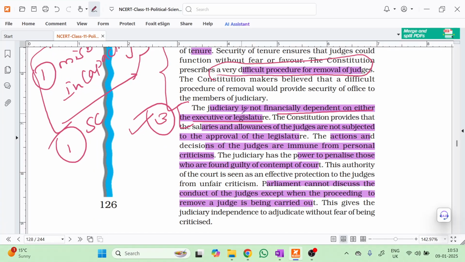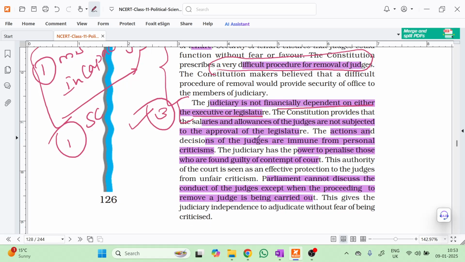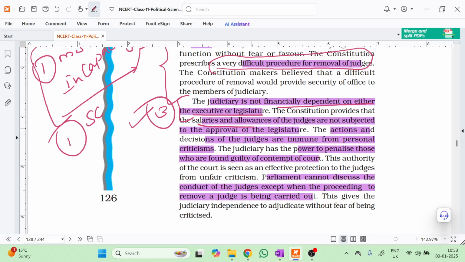So it has been kept out of the ambit of the legislature so that they could not be influenced. So here it is written, the salary and allowance of judges are not subject to approval of the legislature. For approval of the legislature, it is necessary क्योंकि पार्लियामेंट लोकसभा को जब भी पैसा चाहिए, it needs to be approved by the legislature by presenting the budget or annual financial statement.